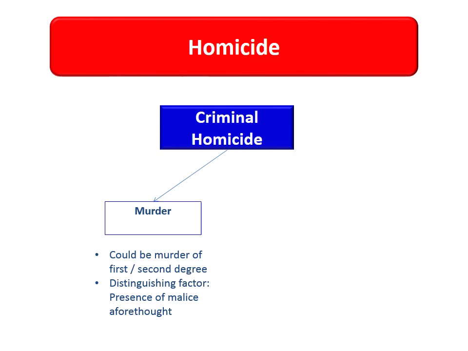Crimes of passion, for example, usually fall under the second category because the act was not premeditated. So the main distinguishing factor between first and second degree murder is the presence of malice aforethought.